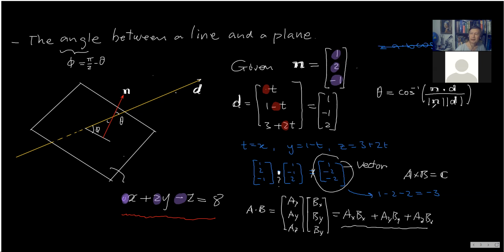How about the amplitude for these two? So this is -3, right? The dot product is -3. Yeah, that is n.